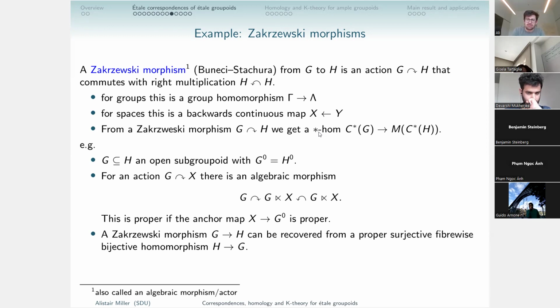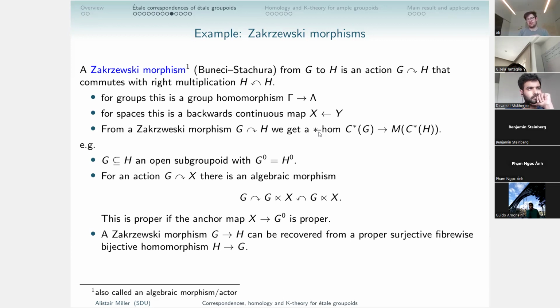I think the more interesting example is this one, where if you have a homomorphism in the opposite direction, which has a bunch of properties, so it's proper, it's surjective, and it has this technical looking condition of fiberwise bijectivity, turns out from that data you can actually construct an action of the second groupoid G on the first one H. And these things appear in Li's paper where he constructs groupoid models for every classifiable C-star algebra.